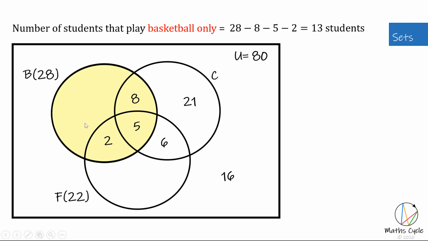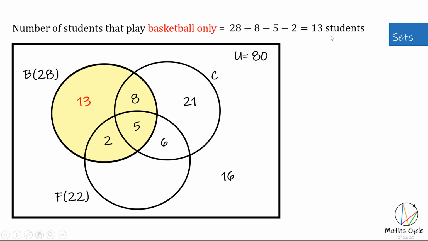But we don't have this area here. This area is the area where people play basketball only. Okay, these 8 play basketball and camogie. These 5 play all 3 sports. These 2 play basketball and football. These people play only basketball. So we take away the 8, 5 and the 2 from the 28, and we're left with 13 students.